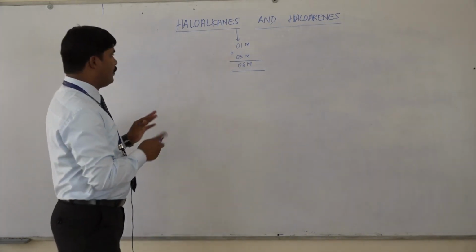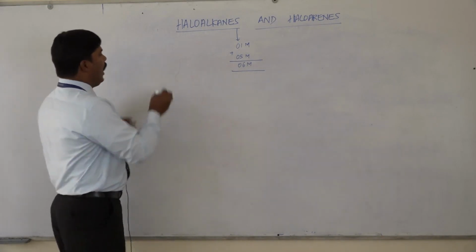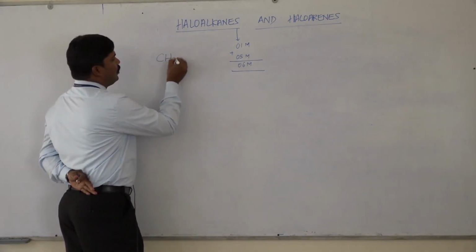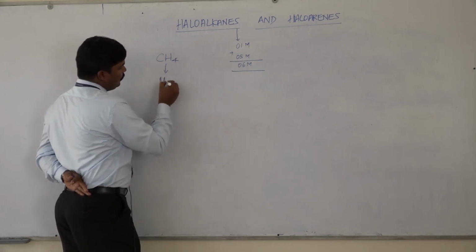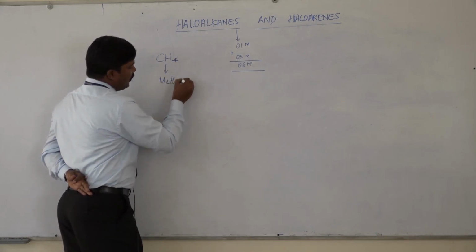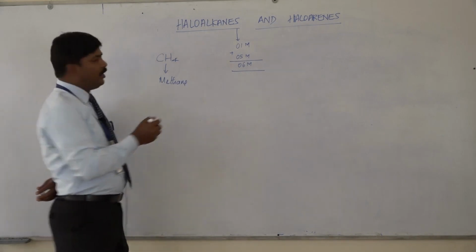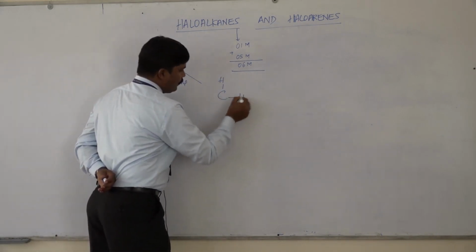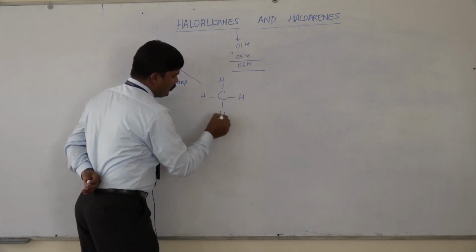Coming to the definition of haloalkanes. Coming to alkanes, the very basic example I can take is CH4. The name of CH4 is methane. If I split and write the expanded form of CH4, I can write carbon bonded to 4 hydrogen atoms.